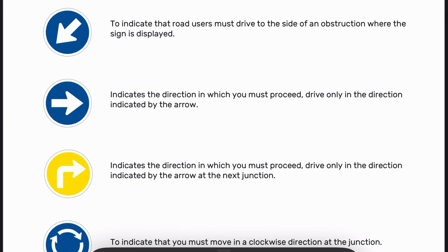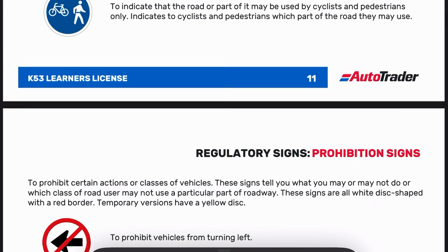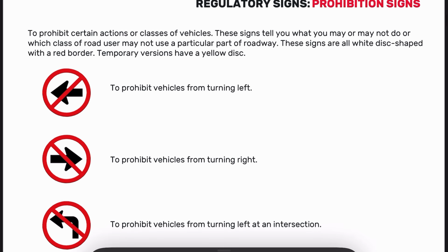All right. Now we go all the way down to the prohibition signs. Prohibition signs are just the complete opposite of the command signs. Prohibition, you are prohibited from doing what is written on the board. It says you may not turn right, you may not turn left, and so forth.